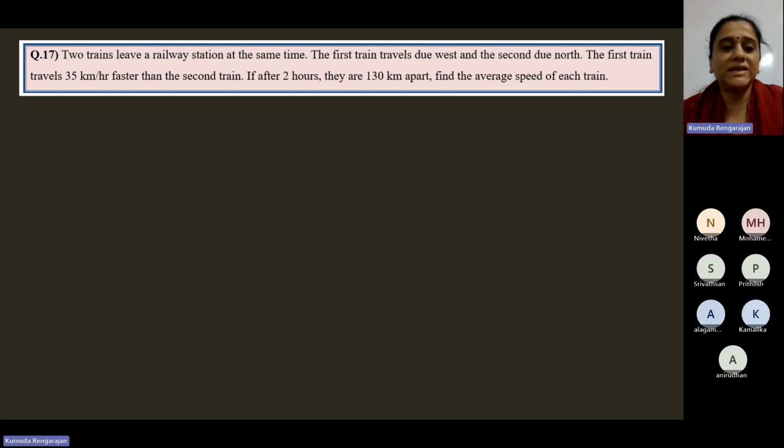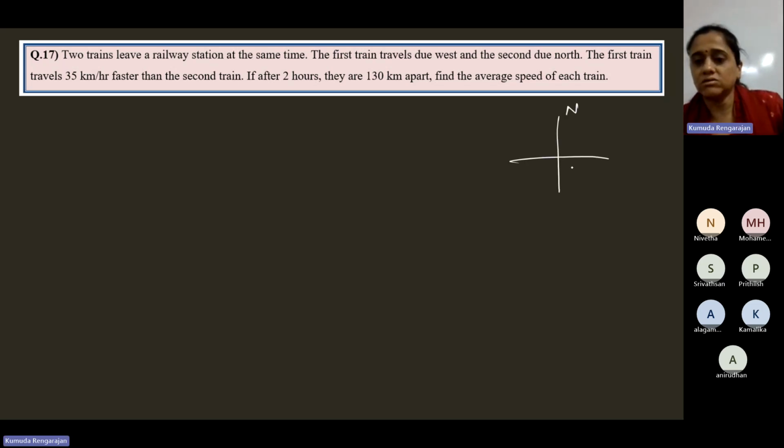Two trains leave a railway station at the same time. The first train travels due west and the second due north. So directions: north, south, east, west. One is traveling due west like this, the other due north like this.